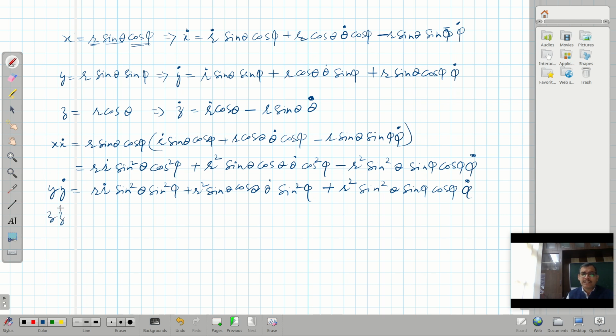Then similarly z dot can be written as r dot cos square theta minus r square sine theta cos theta theta dot.